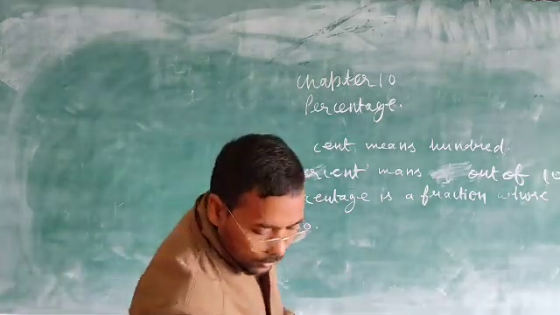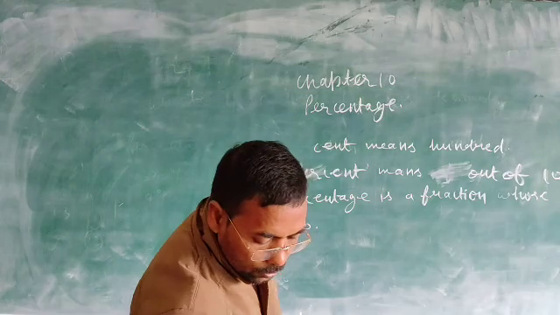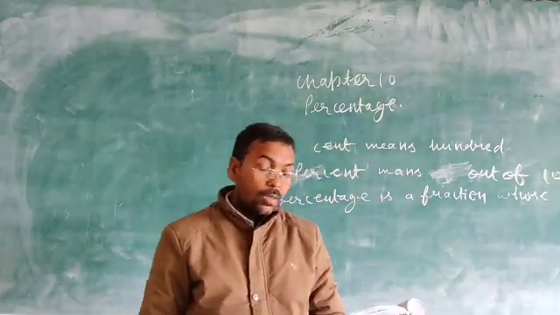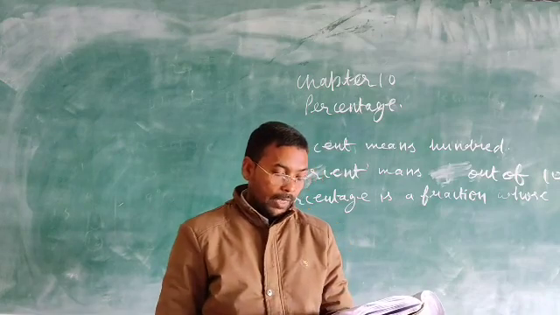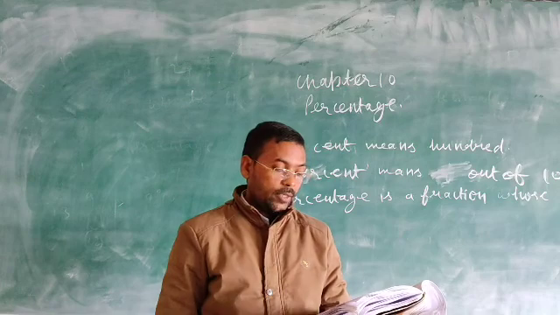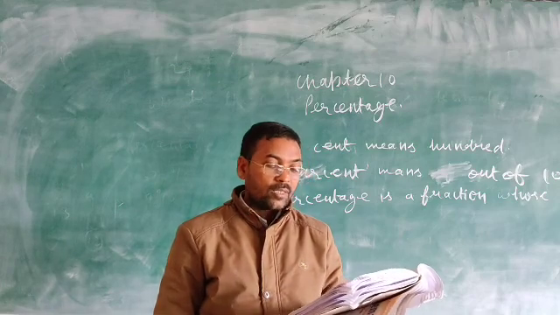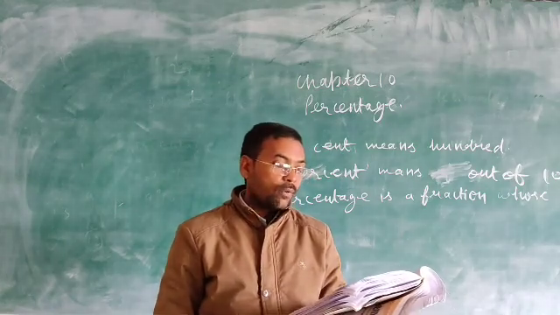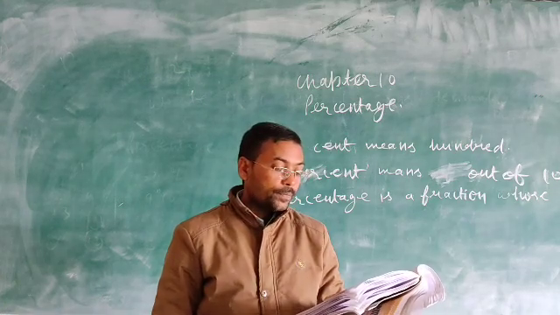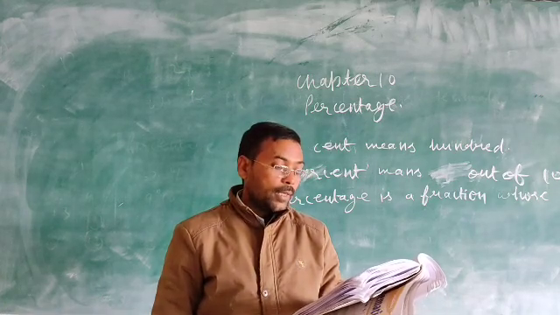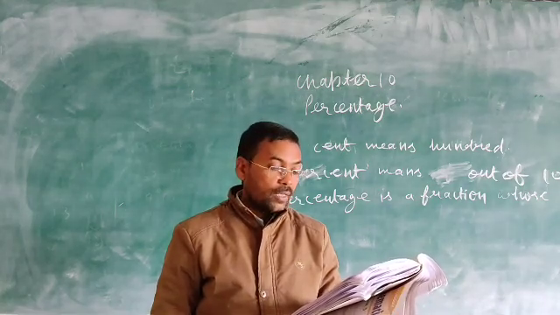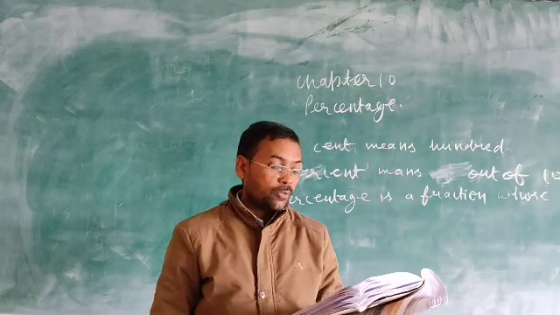Here some exercises are given. You can do it. Here each big square is divided into 100 small squares. We have to find what percentage of these squares are shaded. So first count how many small squares are shaded. In the first one I counted 39 small squares shaded out of 100 small squares.